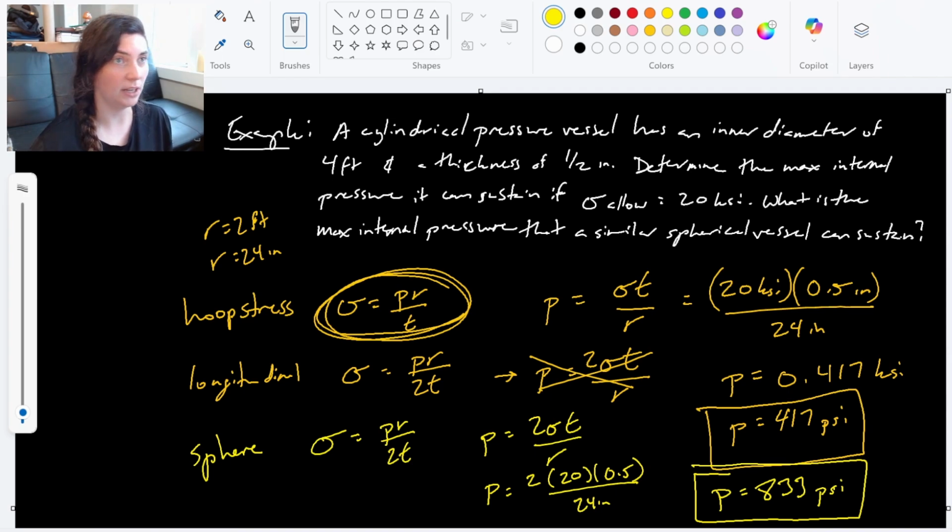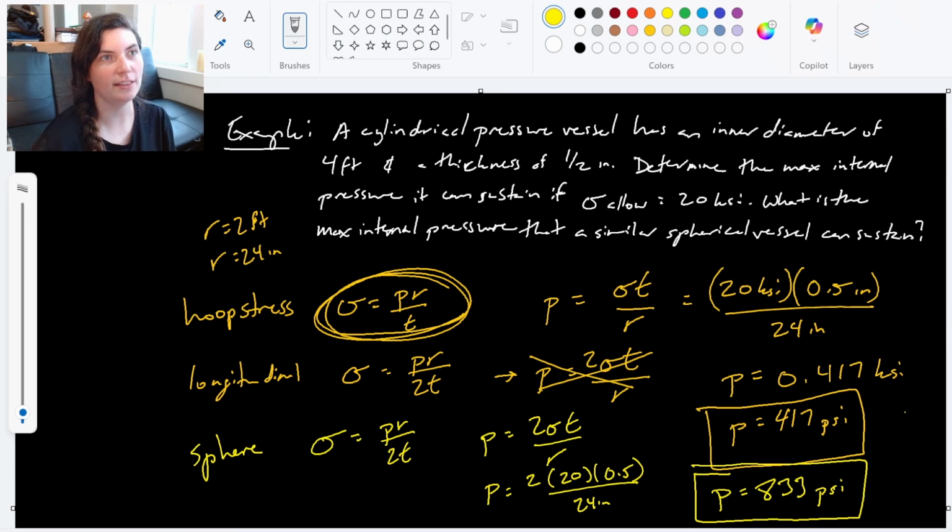So a sphere would be a lot better, really. If we wanted to meet these same size constraints, we would want to put it into a sphere so we get a higher pressure. But spheres are more difficult to fabricate. It's a little bit harder to make a sphere than it is to make a cylinder.